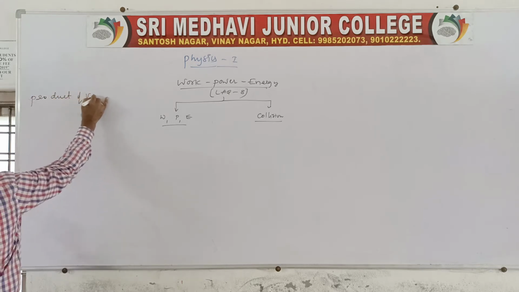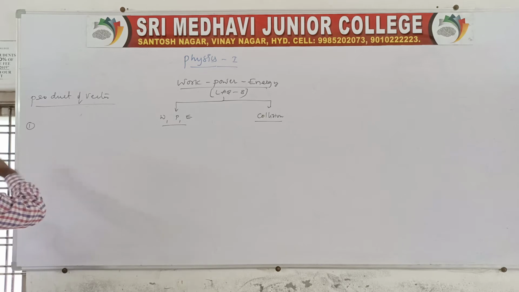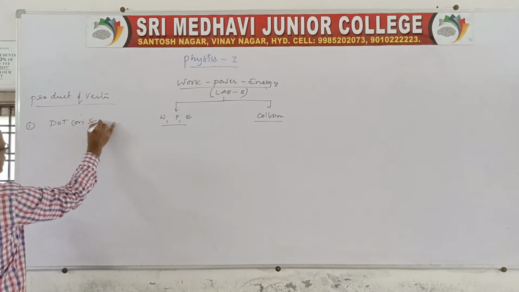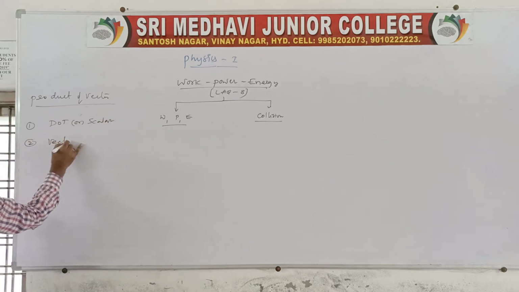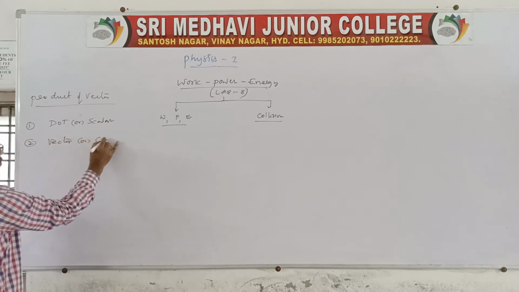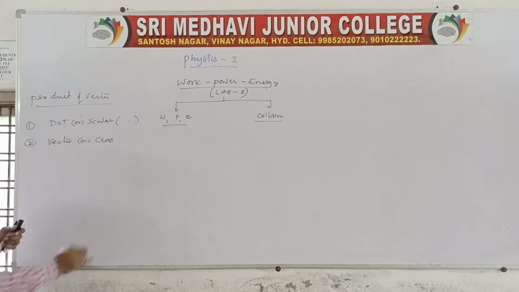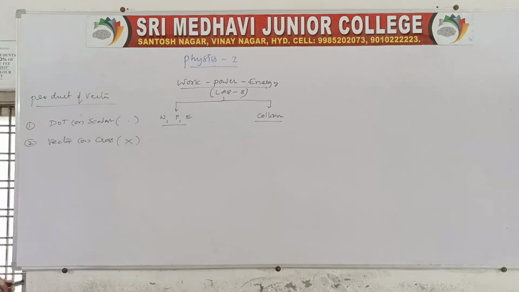Product of vectors. There are two types of product of vectors. One we can say dot product, or we can also call scalar product. And second you take vector product, or we can also call cross product. Dot in the sense is the symbol dot, and cross in the sense is like a multiplication symbol.